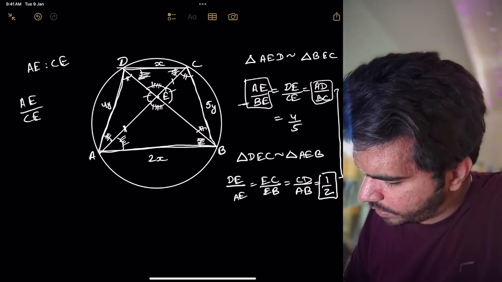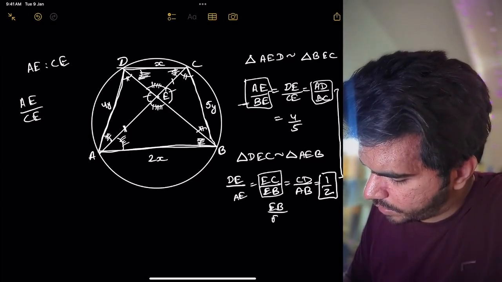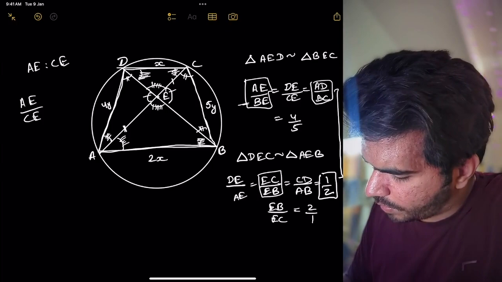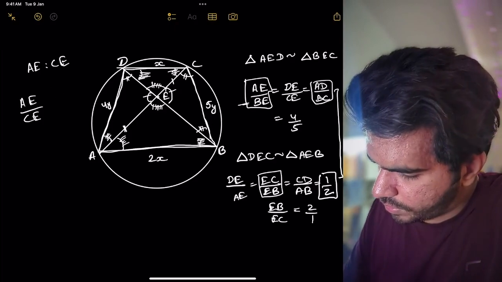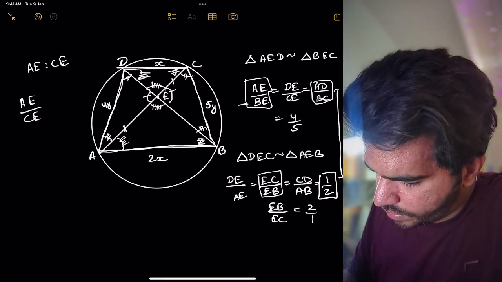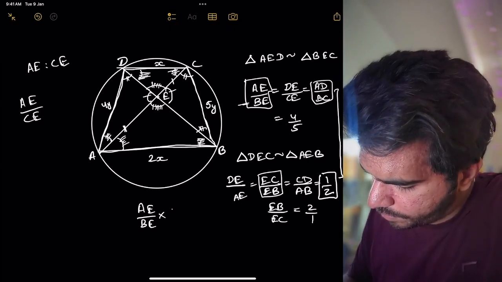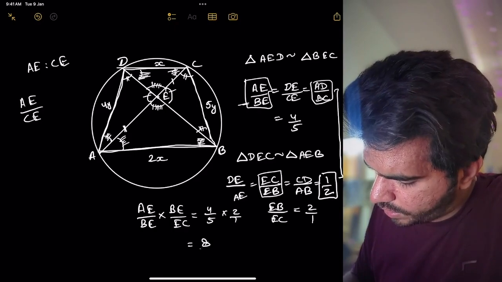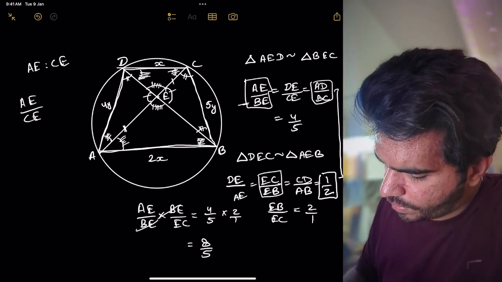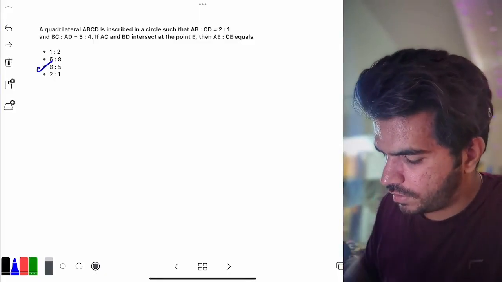So EB upon EC can be written as 2 by 1. Multiplying both of them, not this, but this one: AE upon BE multiplied by BE upon EC is equal to 4 by 5 into 2 by 1, which is 8 by 5. So AE to CE is equal to 8 by 5. We have 8 is to 5 as the answer.